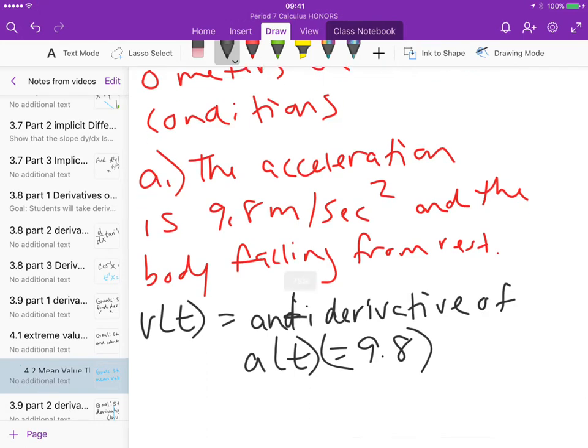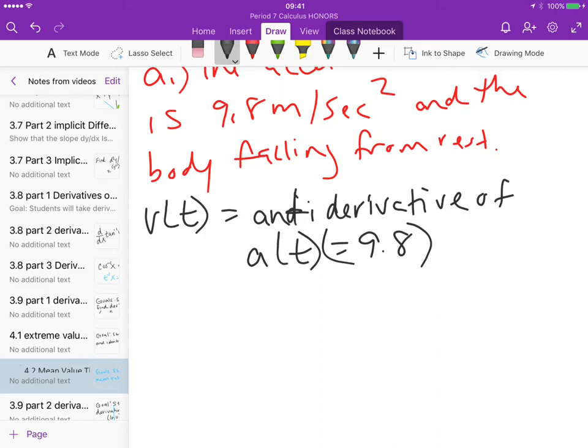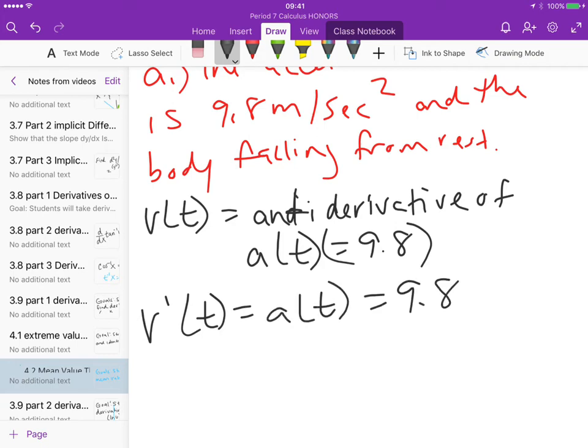So basically, we've got to think to ourselves, what would v of t be if the derivative of v of t equals acceleration? So v prime of t equals acceleration, which equals 9.8. Well, what was v of t if the derivative was 9.8? If it's in terms of time, to get a constant as a derivative, there had to have been a single variable with an exponent of 1 beforehand.